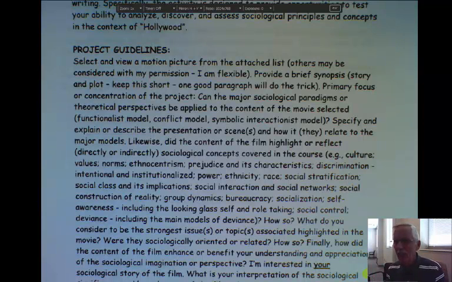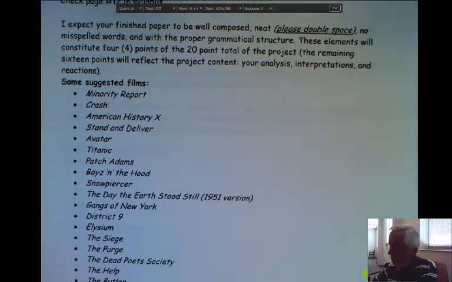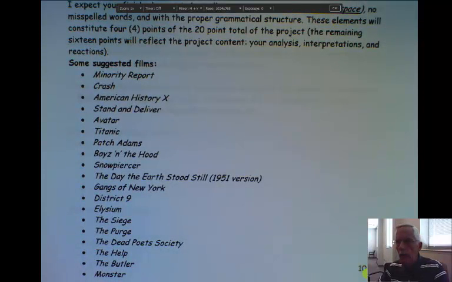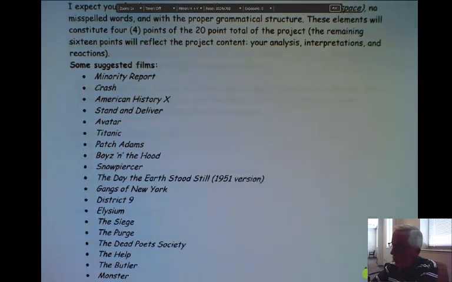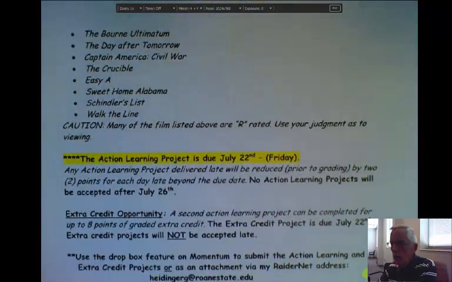The key thing is I'm interested in your sociological interpretation of the film itself. And my hope is that you will find in the list I've included, starting over on page 10, a film that will meet your particular needs. That list continues on over to the 11th page of the syllabus.